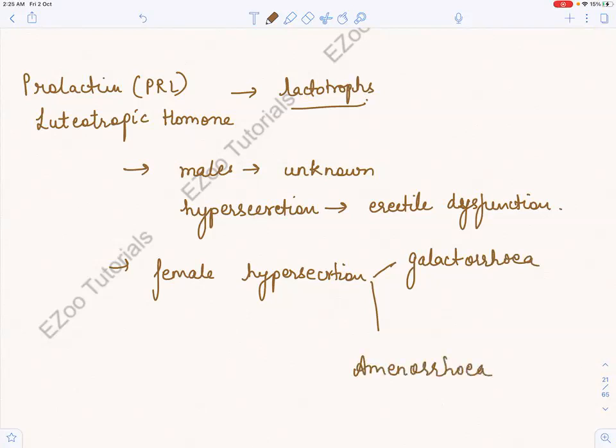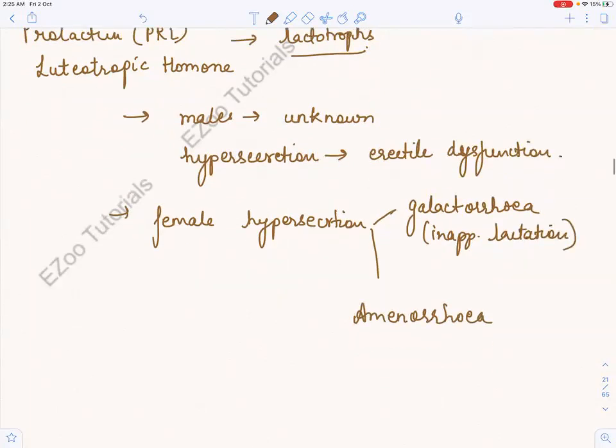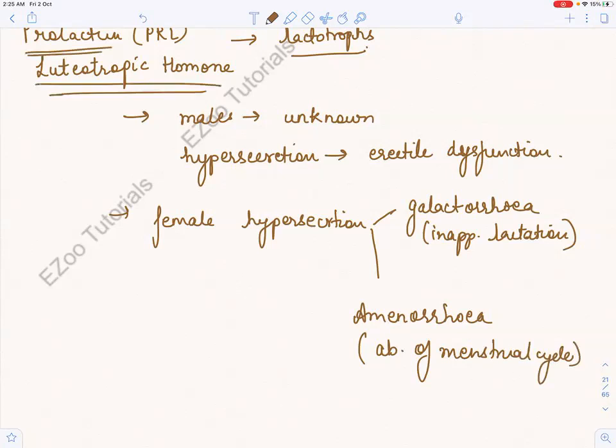You have to learn these two. What is galactorrhea? It is just inappropriate lactation, unwanted milk production, and amenorrhea is absence of menstrual cycle, right? So this is what is happening with the prolactin, right?